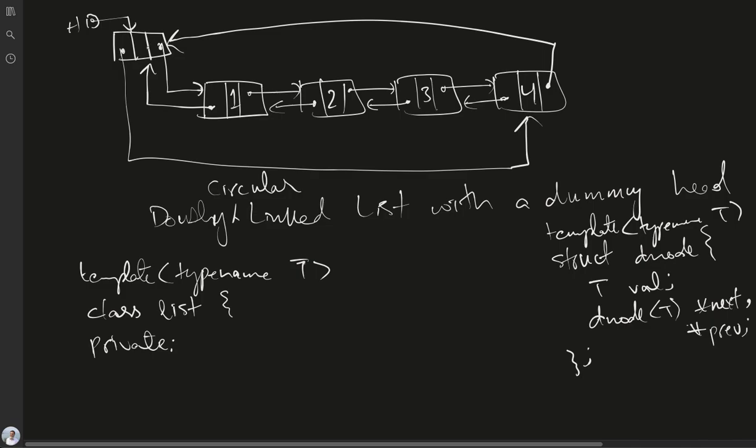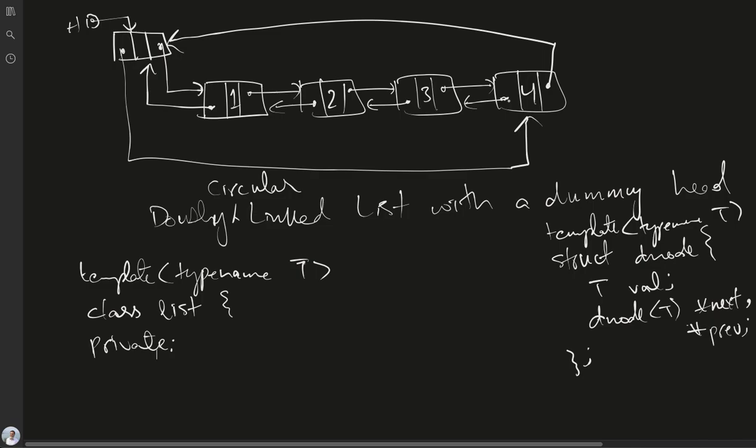So we have to make a lot of checks if we do not use the dummy head node. So this dummy head node basically reduces the number of checks that we have to ensure while we are implementing the list, right? And the other thing is that as the next of the dummy head contains the address of the first node, and previous contains the address of the last node, we do not need to keep two separate pointers that point to the first and the last node, right?